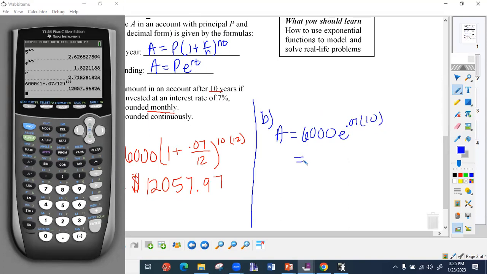So now when you plug that in, you're going to have 6,000 times e to the 0.07 times 10. And if it was compounded continuously, you would earn $12,082.52. Okay, so that's the difference between the two. All right, that concludes it.